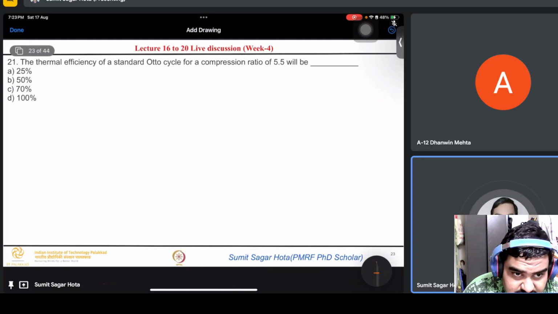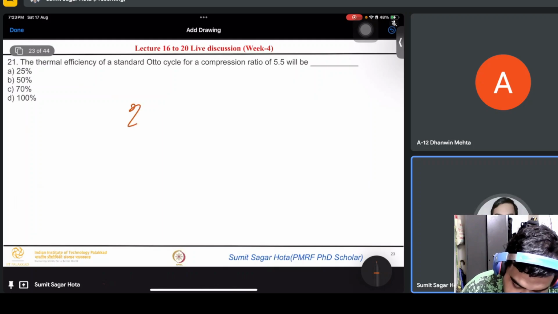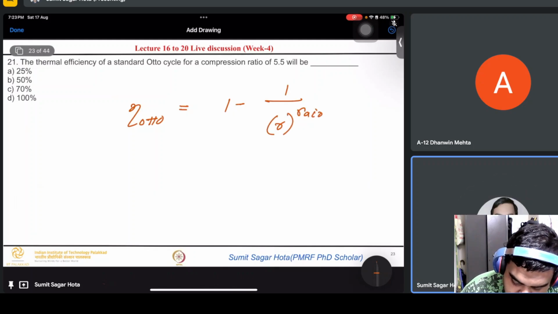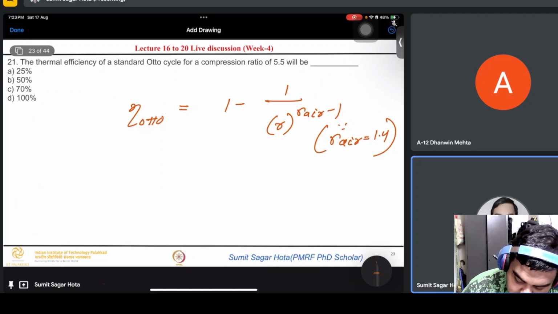The thermal efficiency of the standard Otto cycle for a compression ratio of 5.5 will be what? What is the formula of efficiency of the Otto cycle? 1 minus 1 by r to the power gamma of air minus 1. We know the gamma of air is 1.4, the ratio of specific heats, and r is the compression ratio.